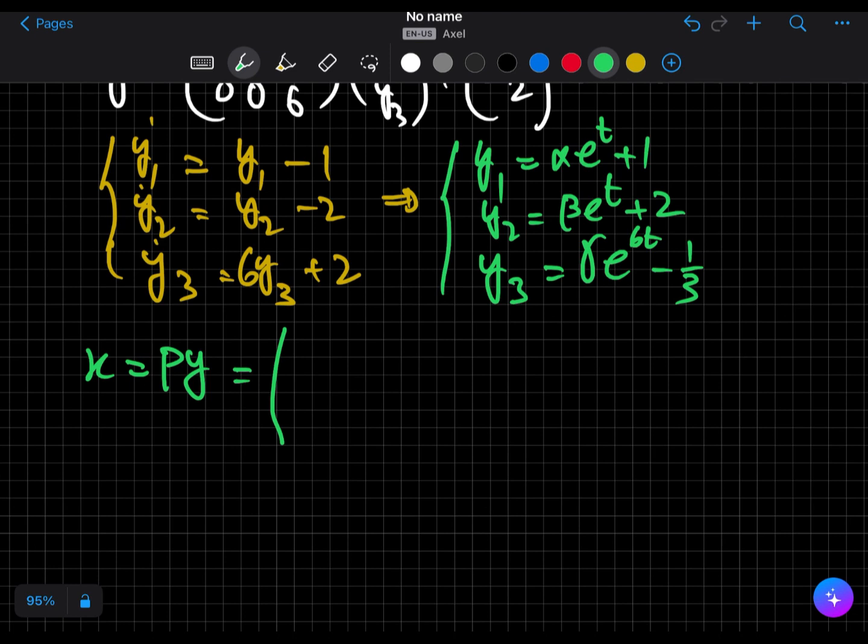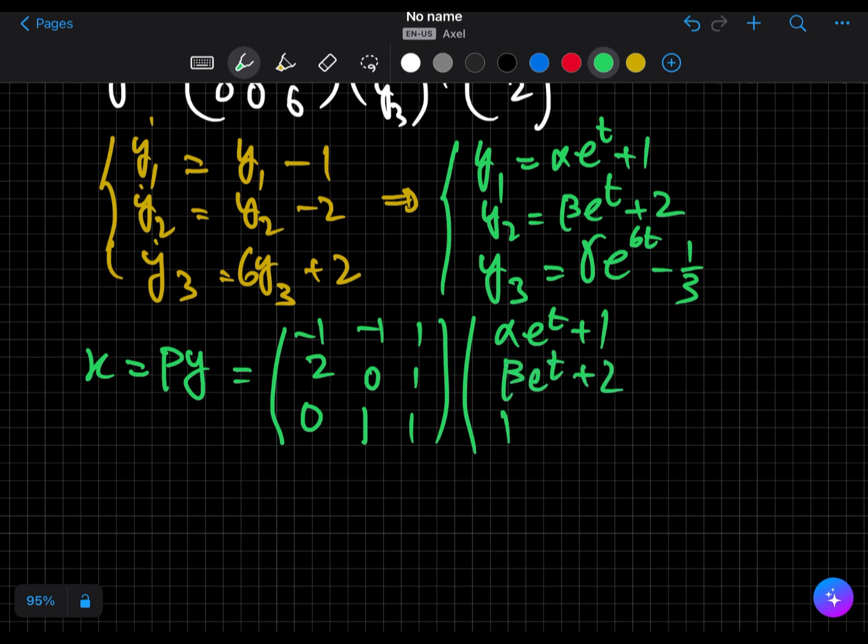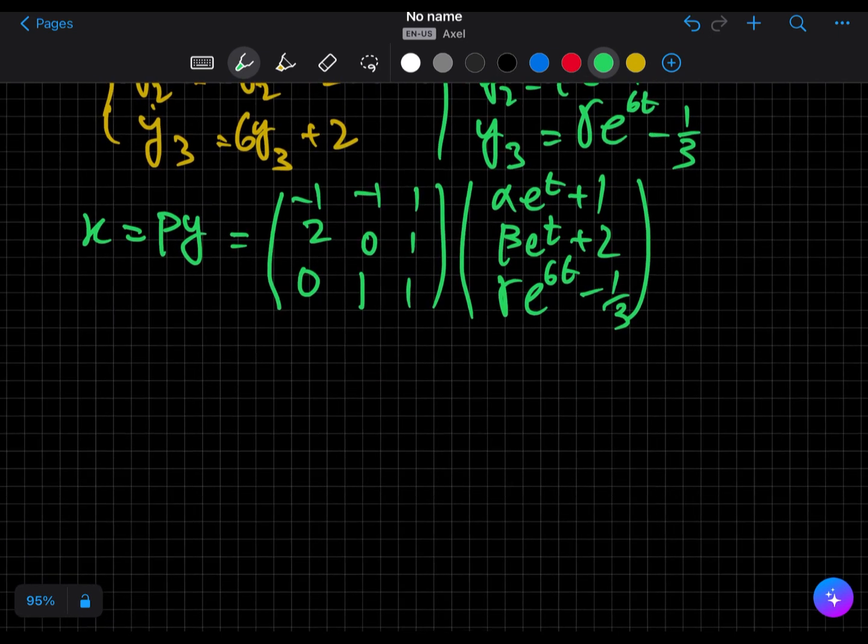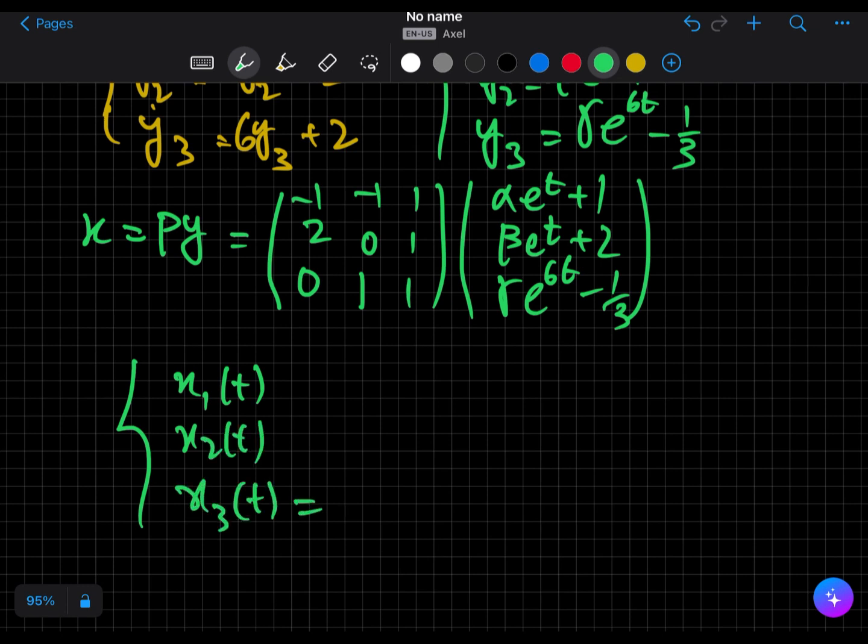P is given: minus 1, 2, 0; minus 1, 0, 1; 1, 1, 1. Having this, I can replace y with alpha e^t plus 1, beta e^t plus 2, and gamma e^6t minus 1 over 3. Once I have this, I do the multiplication of both of them, and I will finally have my solutions as follows.